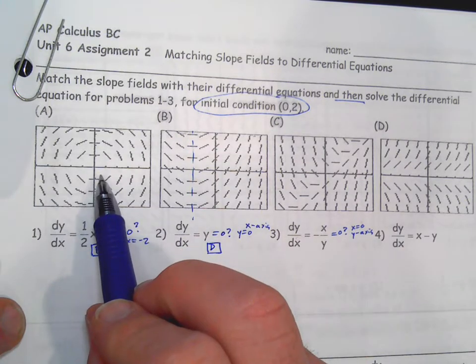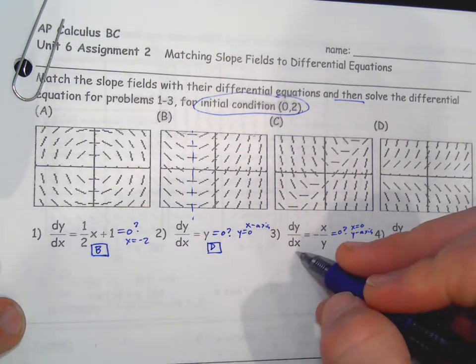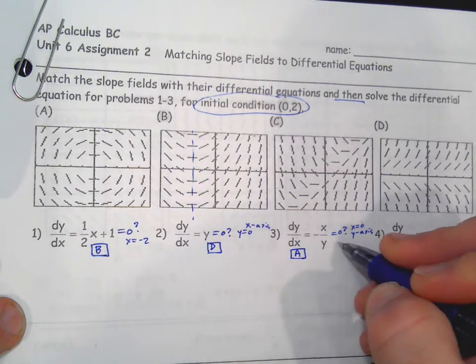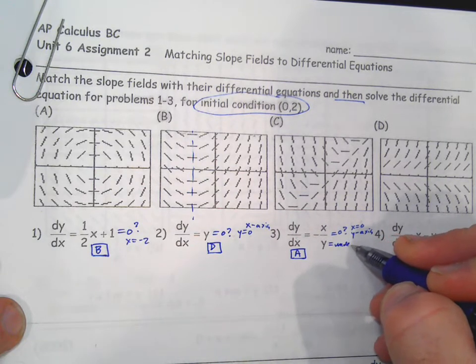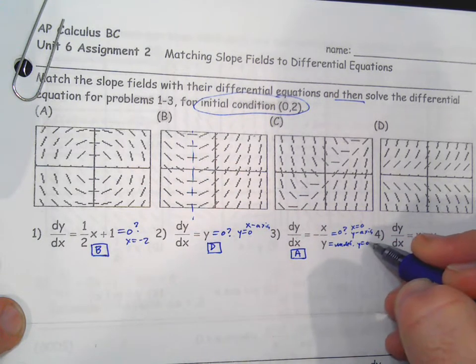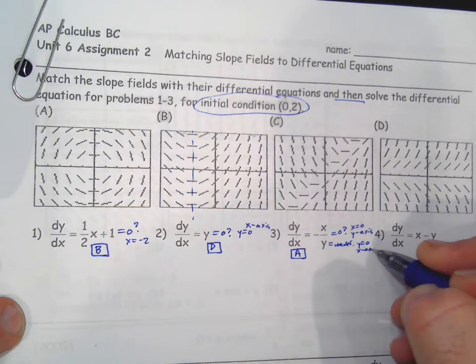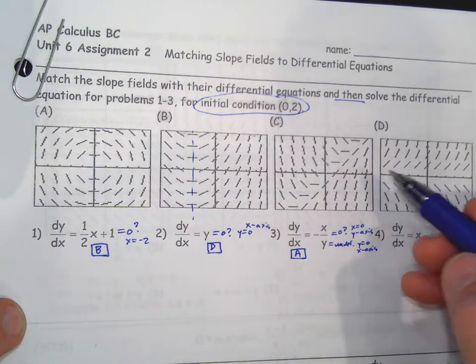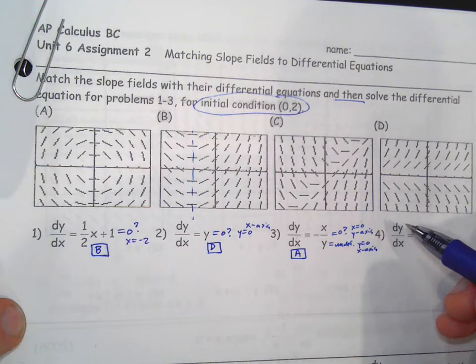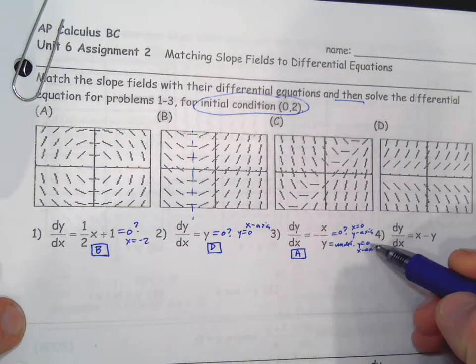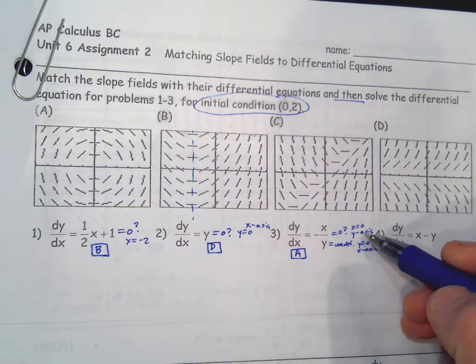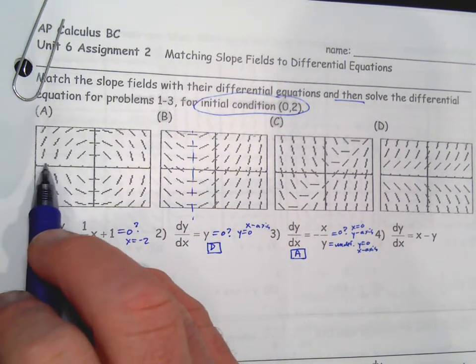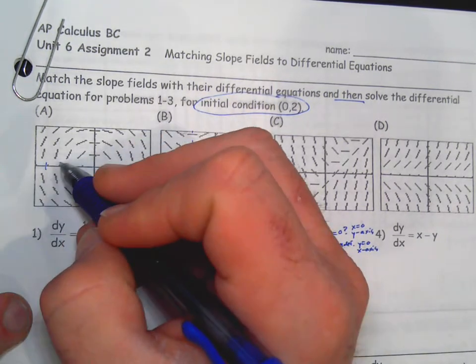So I think that alone is A. You could look for undefined, which is going to be when y equals 0, the x-axis. So it should look like it's going vertical on the x-axis. Okay, x equals 0 along the y-axis. So that's A. Along the x-axis, it looks like it's going vertical, right?